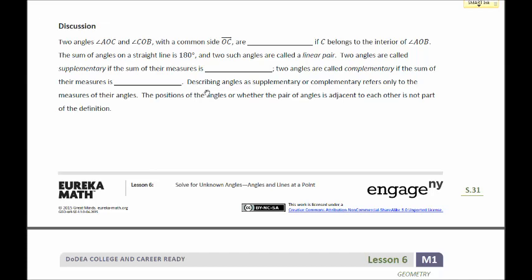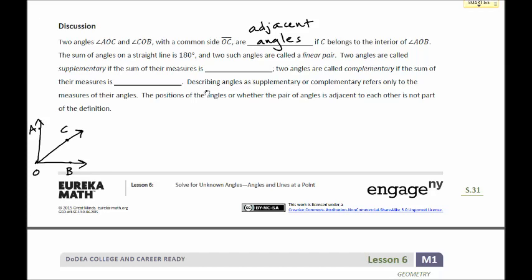Well, here's a picture. Here is angle AOC and COB. They are adjacent angles if C belongs to the interior of angle AOB.